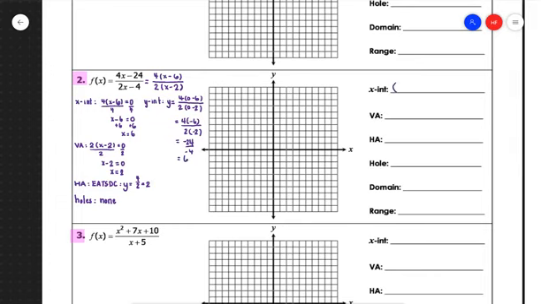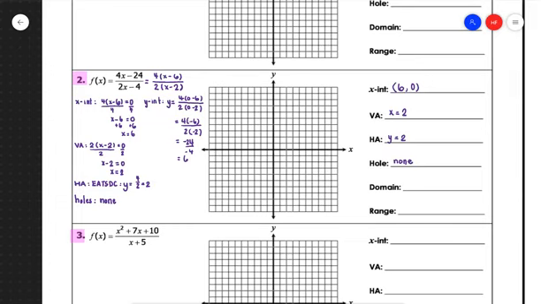So just filling everything in over here. My x-intercept was at (6, 0), vertical asymptote at x equals 2, horizontal asymptote at y equals 2, no hole. And then we'll fill in the domain and the range once we've got the graph here.